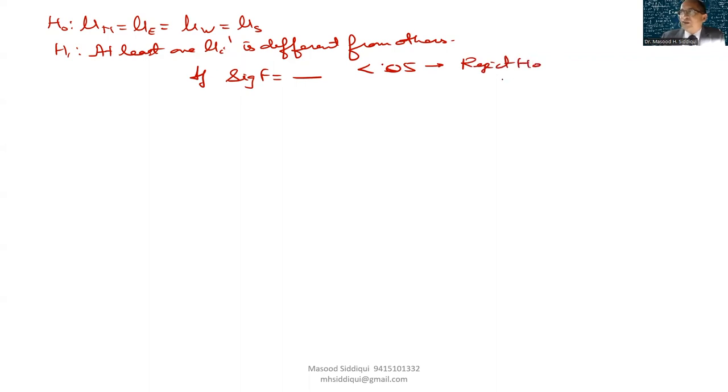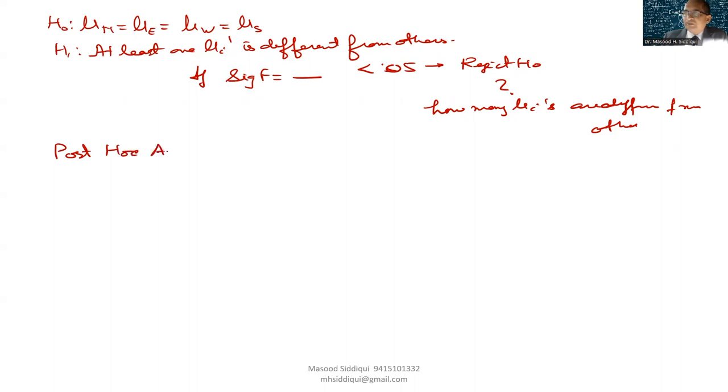Rejecting H0 obviously raises the question: how many mu i's are different from the others? Is one different or are all different? For that, we perform post hoc analysis, which is in the form of multiple comparison.